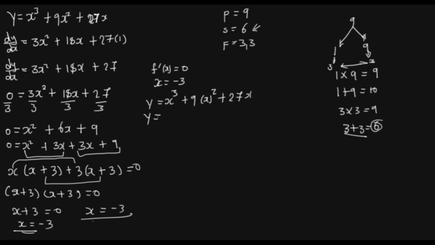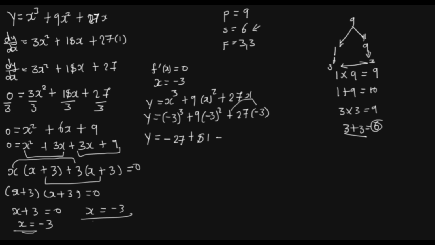So let's substitute where there is x with negative 3. So negative 3 to the power 3 is negative 27. Then here 3 times, negative 3 times negative 3, positive 9, 9 times 9, 81. Here negative times positive, we have negative.